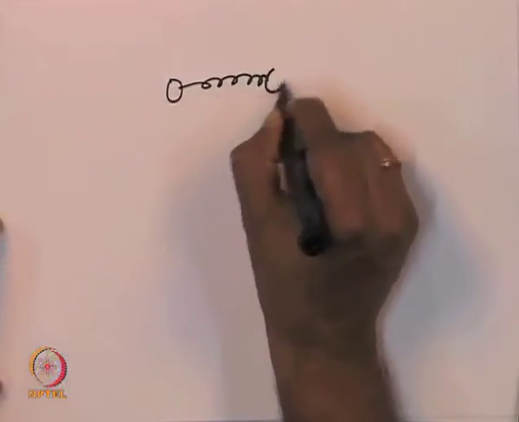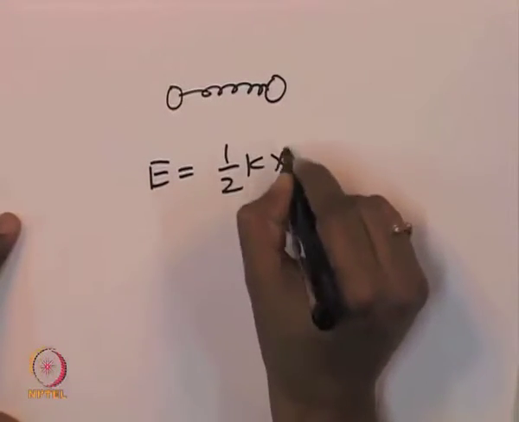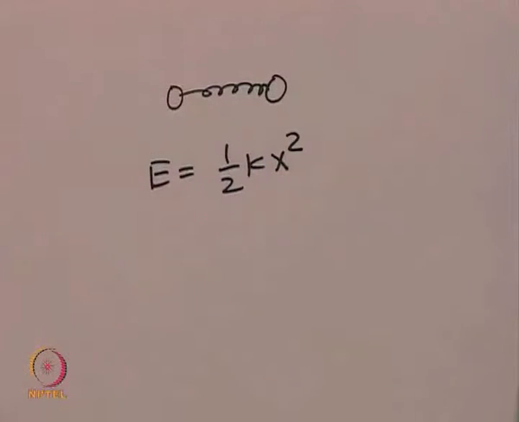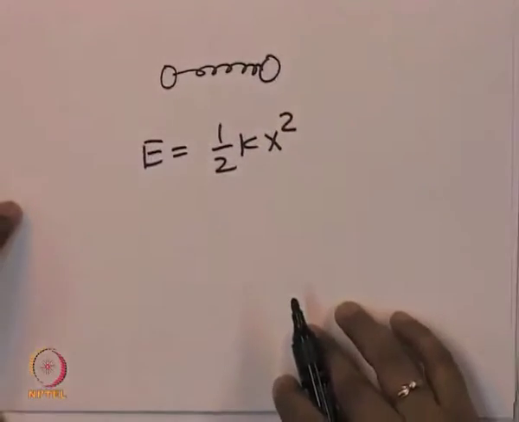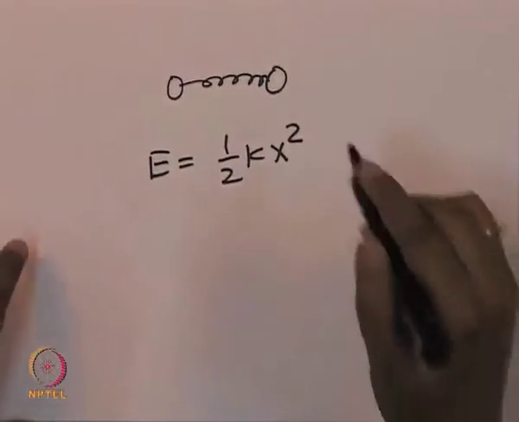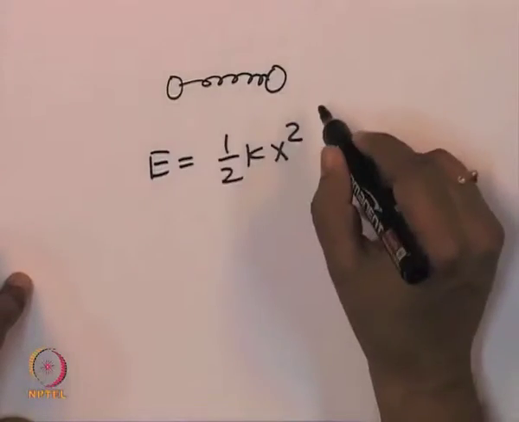So, what is the energy of a spring? Typically the energy of a spring is half k x square. If you have a spring like this, the energy we know is half k x square. Here let us take x as the distance from equilibrium.